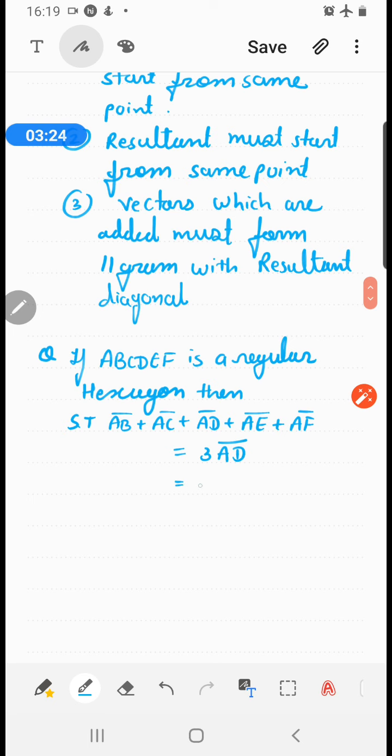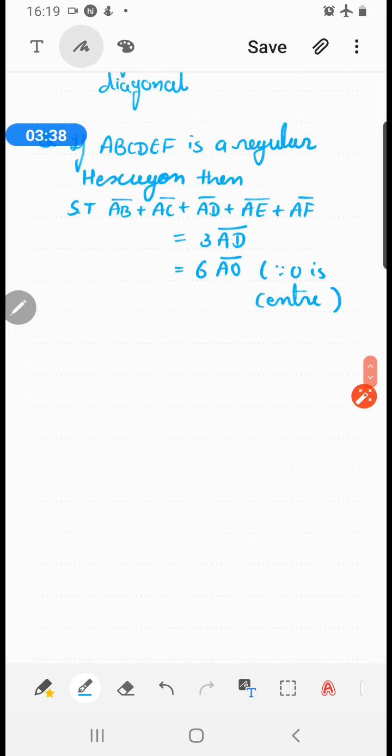Also, we prove that it is equal to 6 times AO bar, where O is the center of the hexagon. Now, let's start discussing the sum.